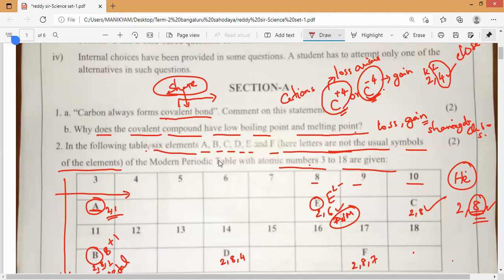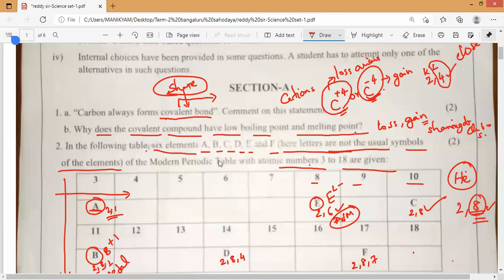No element exists which will donate 4 electrons, and it is not possible to remove 4 electrons from carbon, because its 6 protons are strongly bonded with strong forces of attraction, held by the nucleus. That is why it always shares electrons, never forms ionic compounds, and always forms covalent compounds. Like that you have to write it.